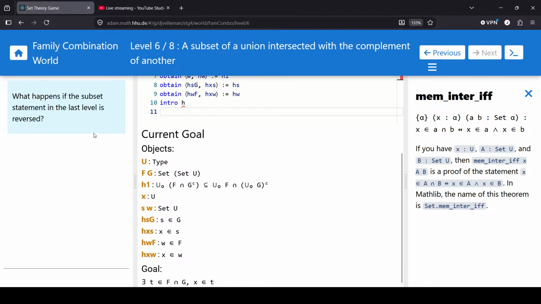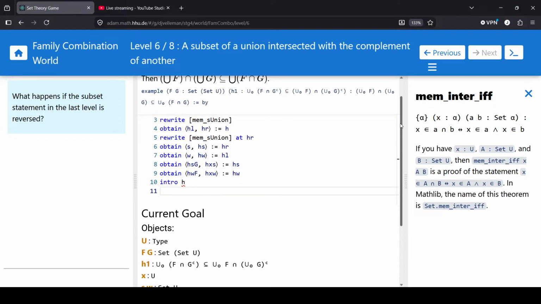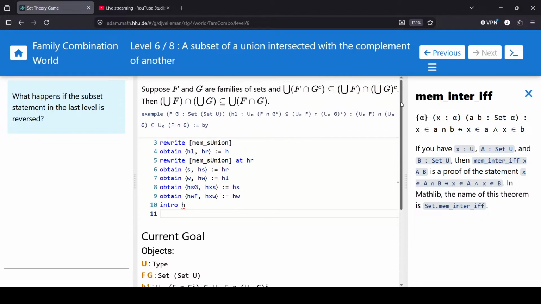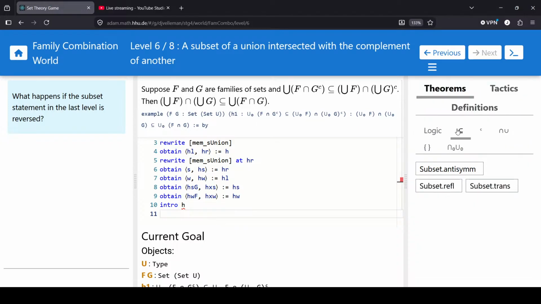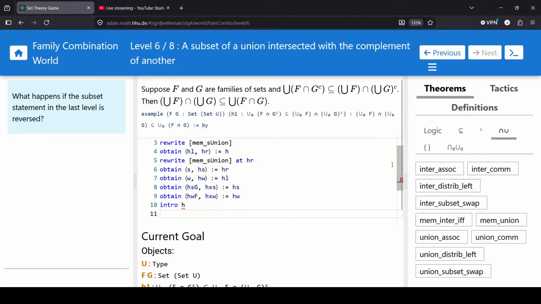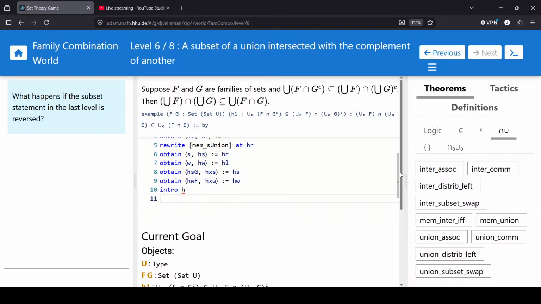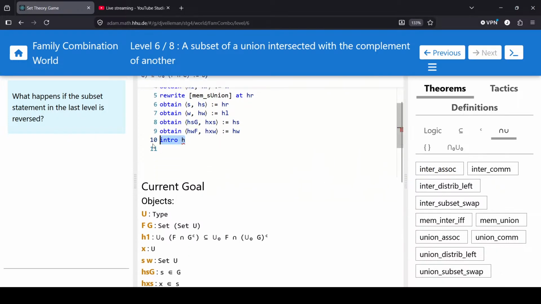What happens if the subset statement in the last level is reversed? I know what happens. I get stuck here forever and die. Spoilers.